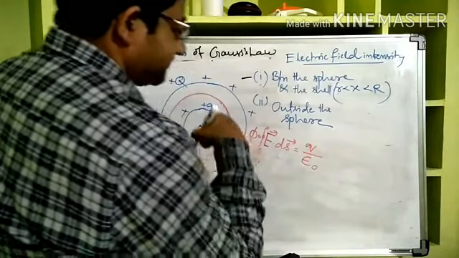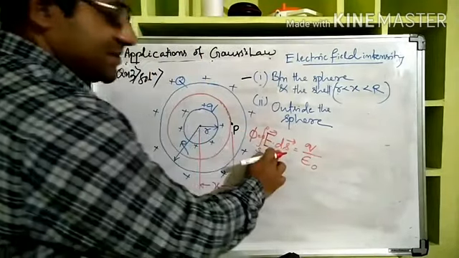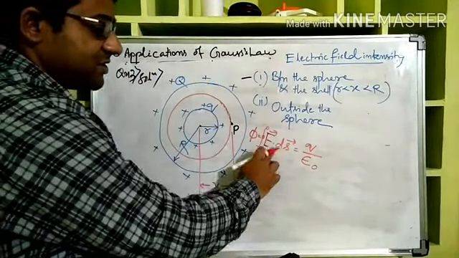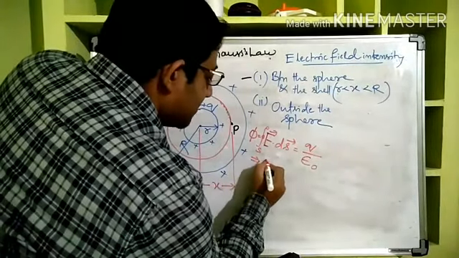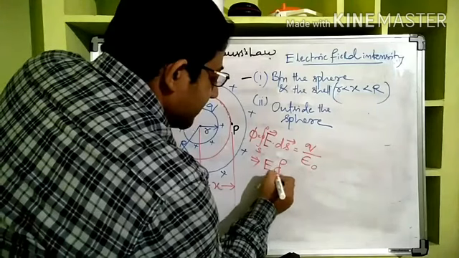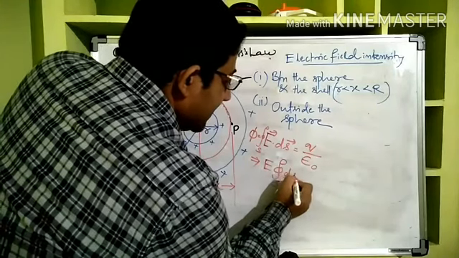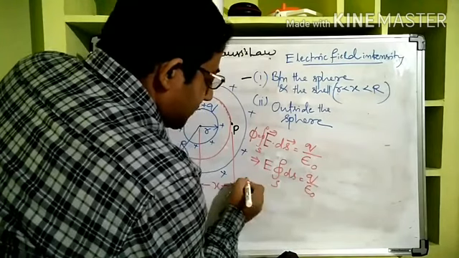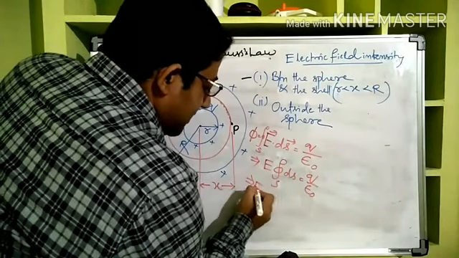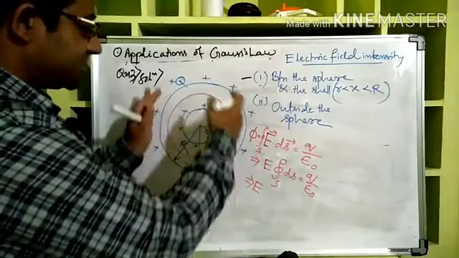Again E and ds are in the same direction. I have explained the concept, that's why it's E ds, because cos 0 is equal to 1. So E is a constant, take it out, closed surface integral of ds is equal to q by epsilon naught, yes or no?